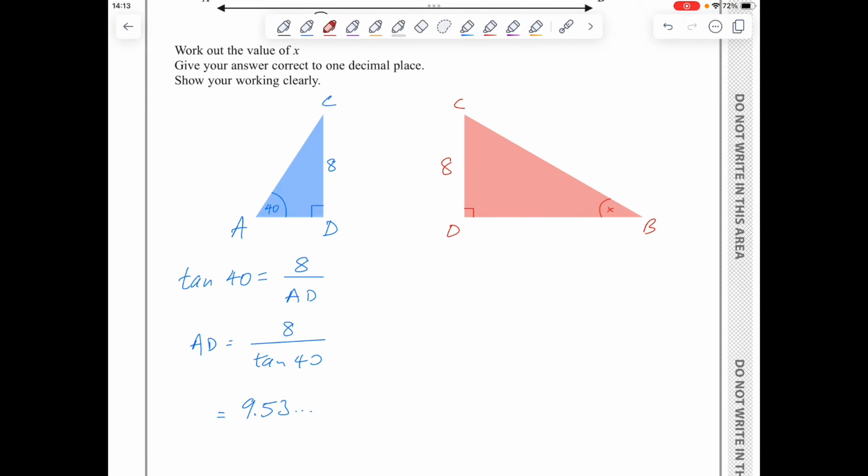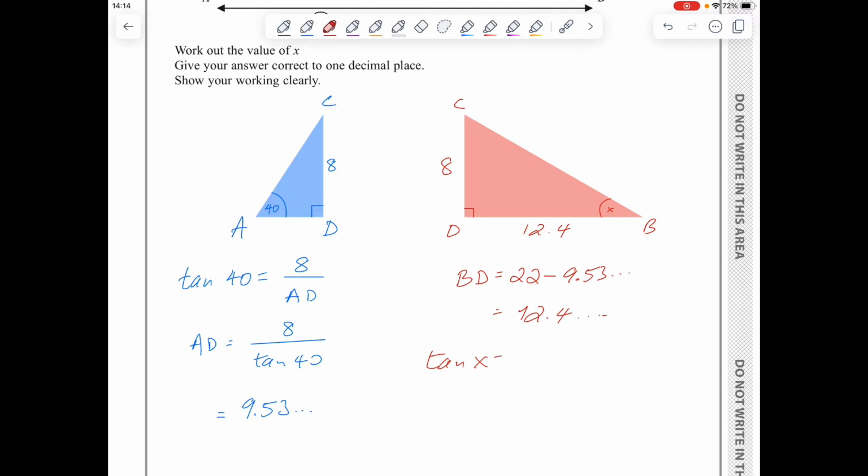Keep all the digits on the calculator because now we're going to go to triangle CDB, the red one. And to find BD, I will just subtract 22 minus 9.53 and so on. This gives me 12.4 and some other digits. And let's label this on the triangle. So to find angle X, I'm going to use the tan ratio again.